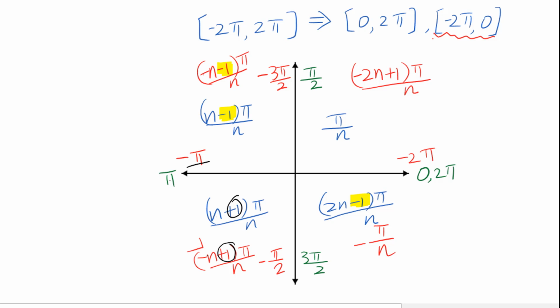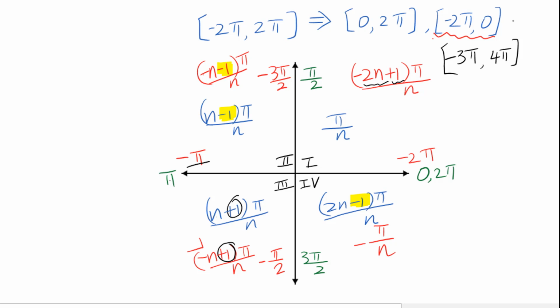If it's negative pi, I use negative n plus 1. For negative 2 pi, it will be negative 2n plus 1. So for the first and then the third quadrant, you have a plus 1. Then for the second and then the fourth quadrant, it's a minus 1.